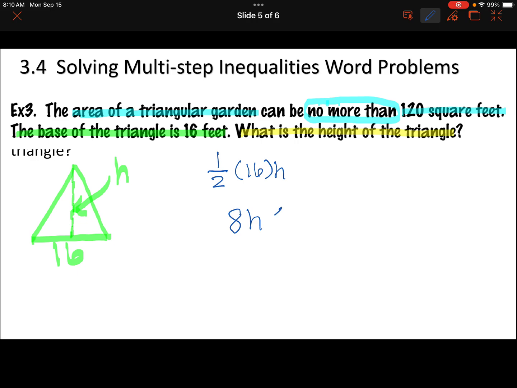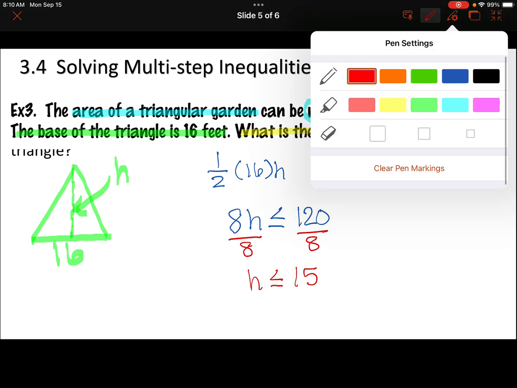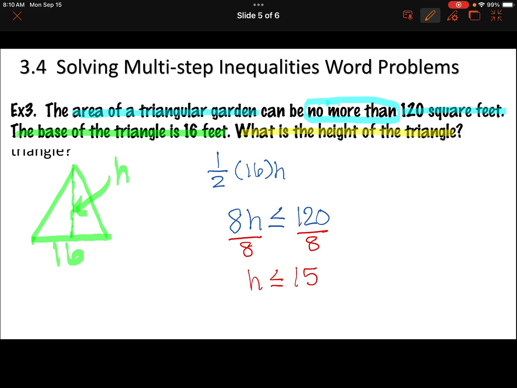No more than means less than or equal to 120. Then from here, we're going to go ahead and solve. Divide by 8. h is less than or equal to 15. And it wants to know the greatest height. So at most 15 feet. Or you could say 15 feet or less.